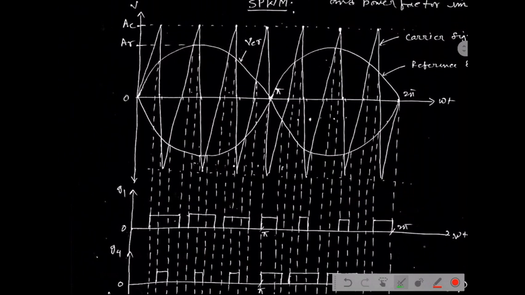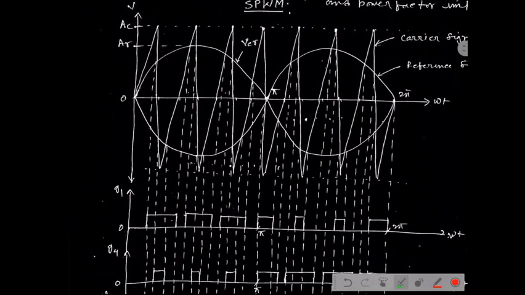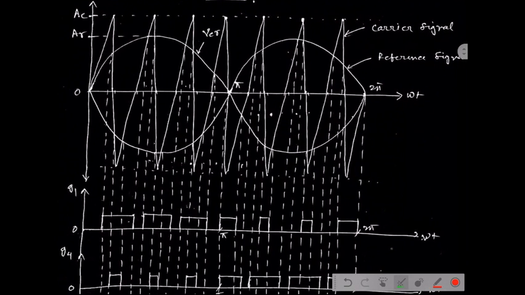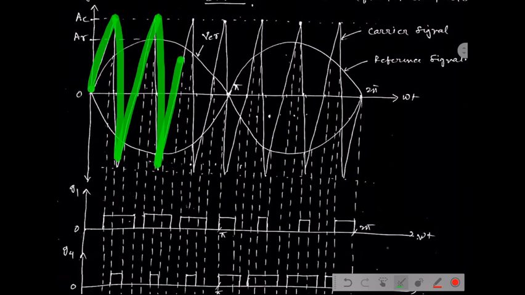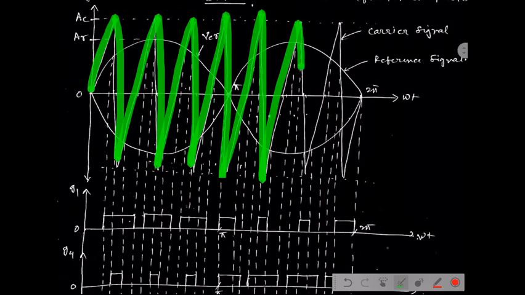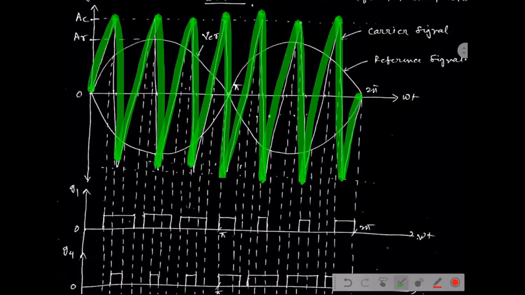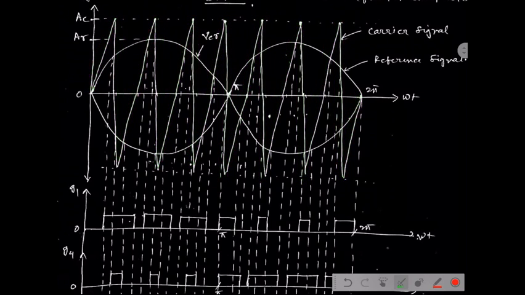One is the carrier signal, and the different one is the reference signal, which is mentioned here. The carrier signal is a triangular shaped repetitive signal, and it is bipolar, meaning it has a positive half and a negative half.